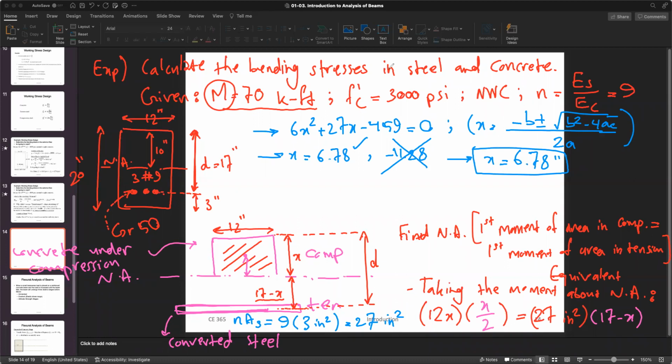So x for this one is 6.78, and this distance would be 17 minus 6.78, which is 10.22.